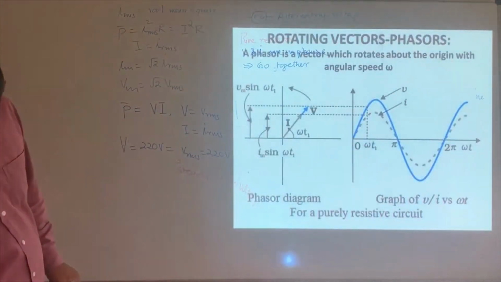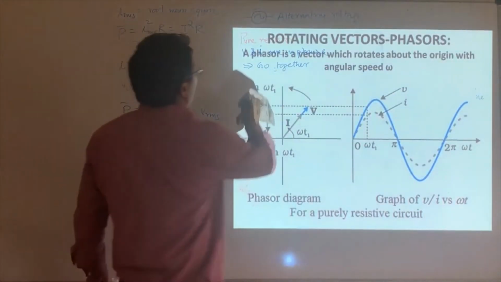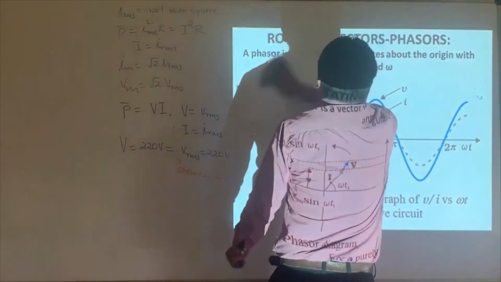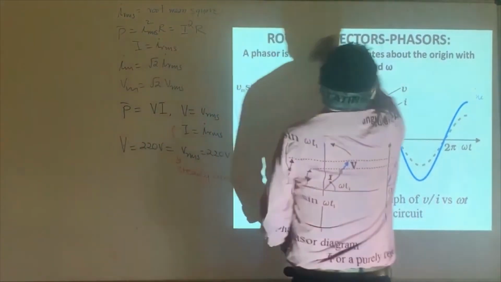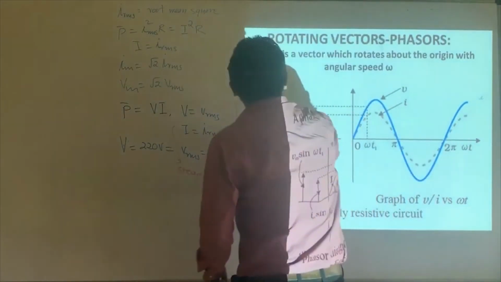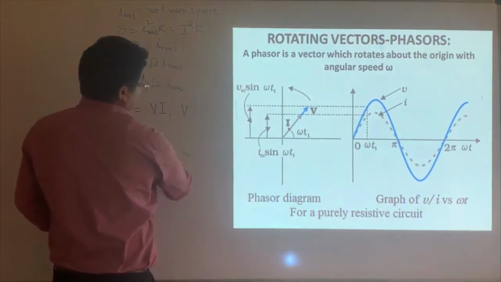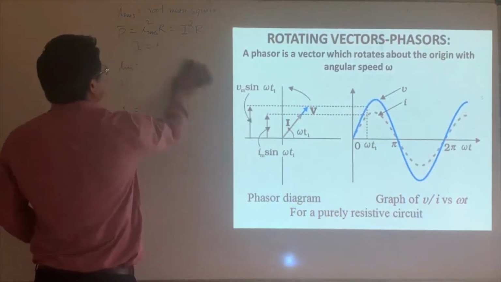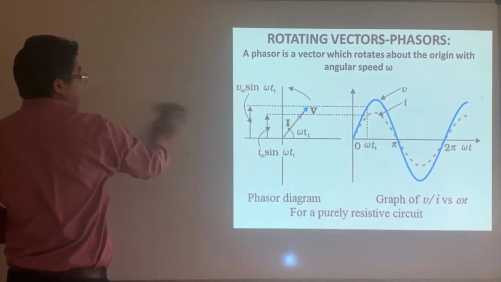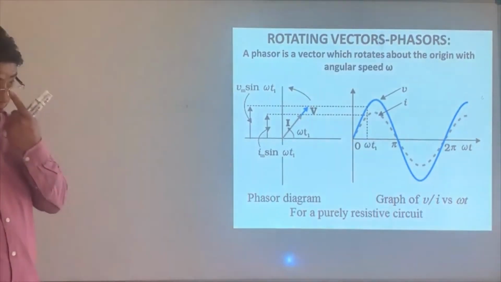Now the next very important concept which we are going to do is rotating vectors, or phasors. This is a very important concept for inductors, capacitors and a series LCR circuit.